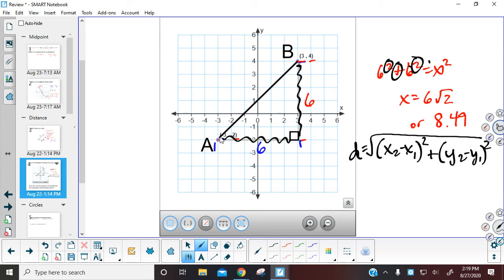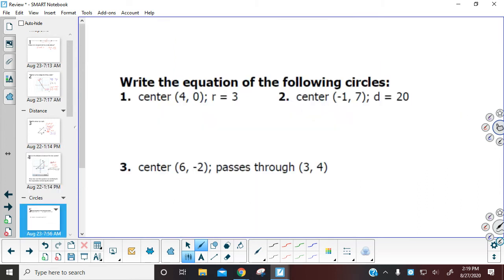The only other thing that you need for today's assignment is the equation for a circle, which is also directly connected to the Pythagorean theorem and also to the distance formula. So your equation of a circle is x minus h, quantity squared, plus y minus k, quantity squared, equals your radius squared.